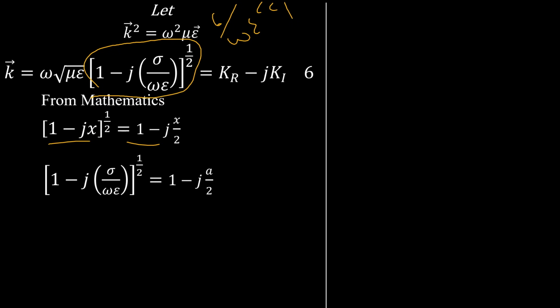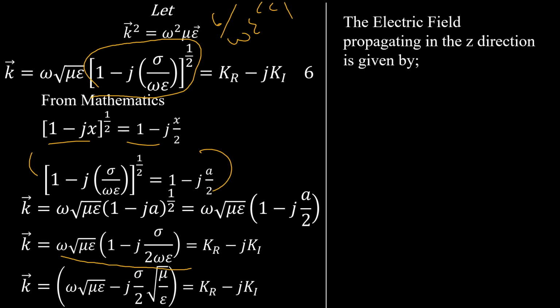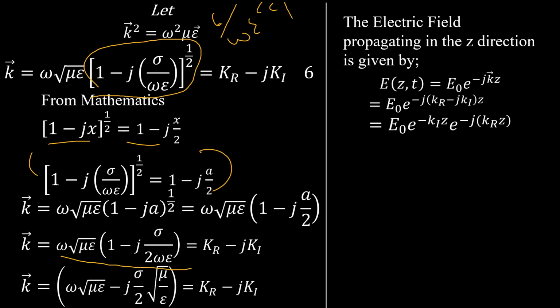So let's go forward. It means that this is going to be this. Then we have this expression at the end. When we finish substituting this expression inside our term for k, our complex wave number, and expand it, we are going to have this given as kr minus jki, of which our electric field propagating in the z direction can be given as this.